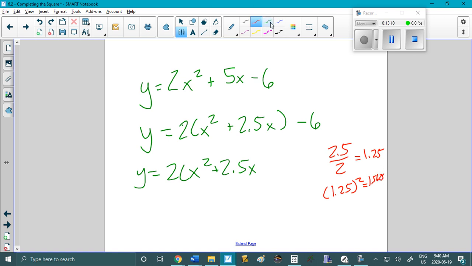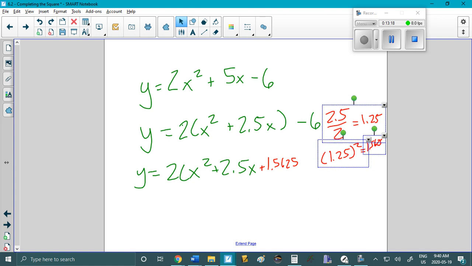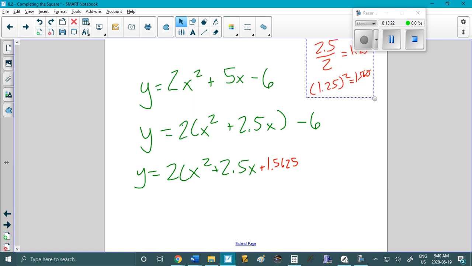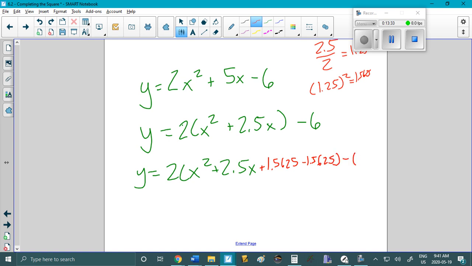Okay, so that means that we add 1.5625 and we subtract 1.5625 and then minus 6.